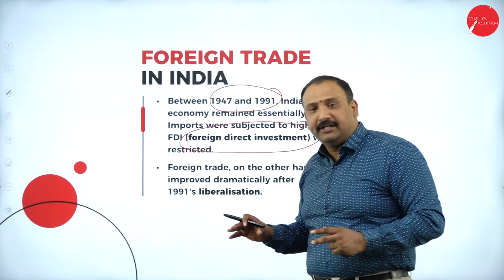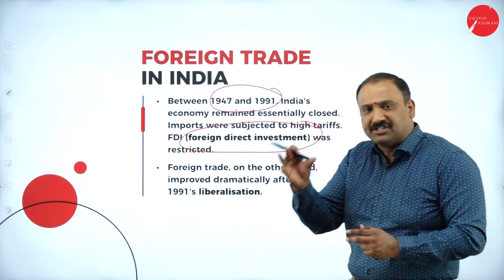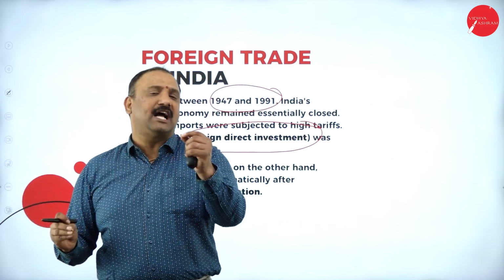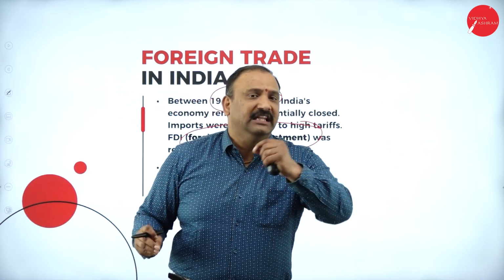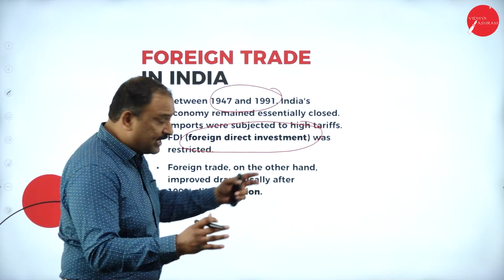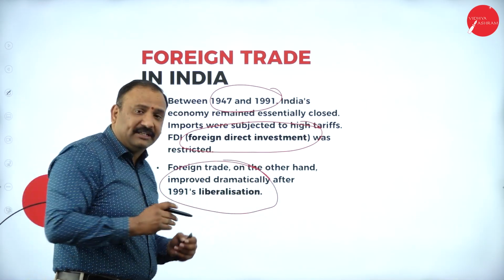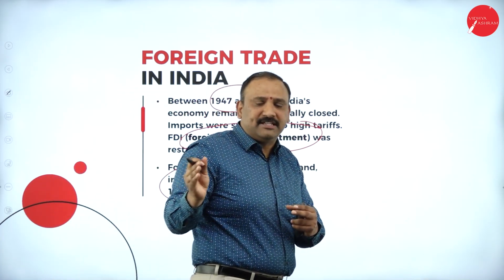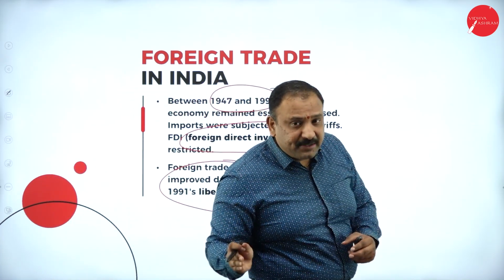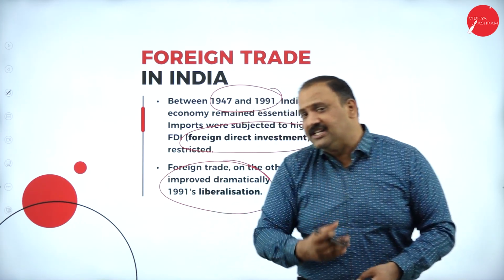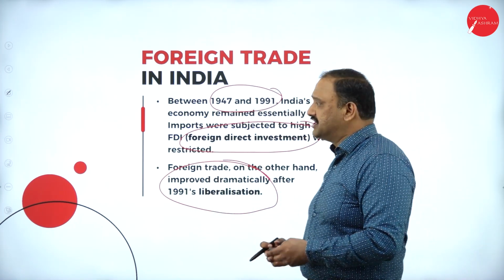After 1991, the liberalization and privatization story, yes, India started opening its doors and we started becoming one of the leading exporters in the world. That's a very well-known story for all of us. So after 1991, dramatically, we started improving. The reason is that we were getting a lot of options and opportunities in terms of privatization.